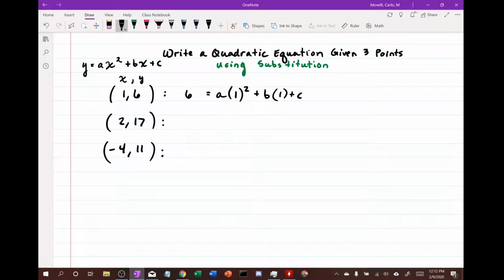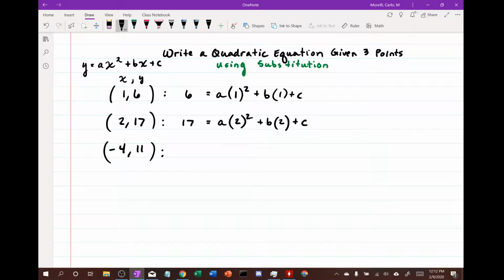For my second equation, I have 17 equals a times 2 squared, since my y value is 17 and my x value is 2, and I'm just substituting into the standard form equation, plus b times 2 plus c.